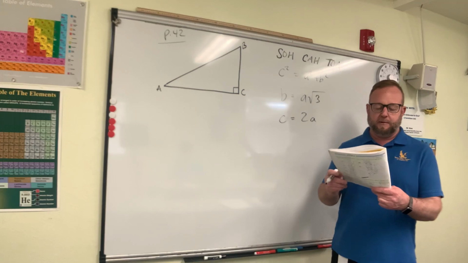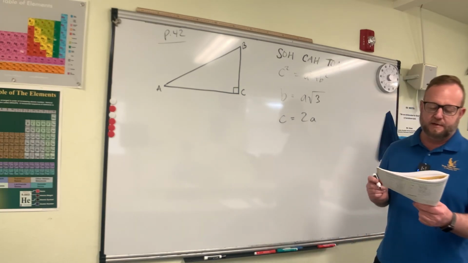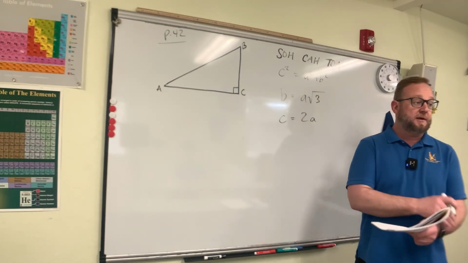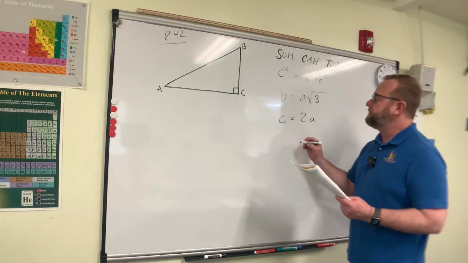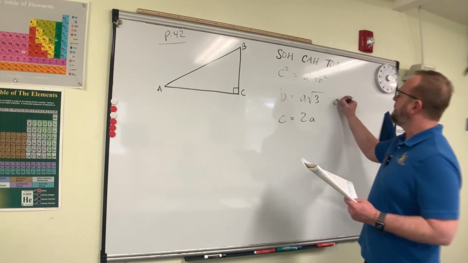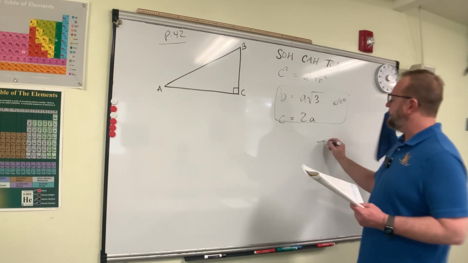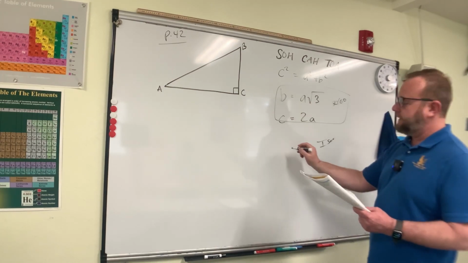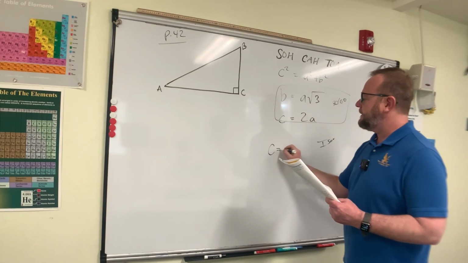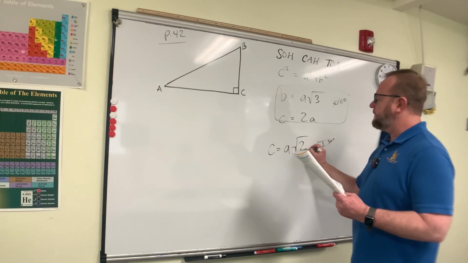I guess we should probably write down, what does the isosceles right triangle theorem give us? This one is 30-60. The isosceles is C equals A square root of 2.